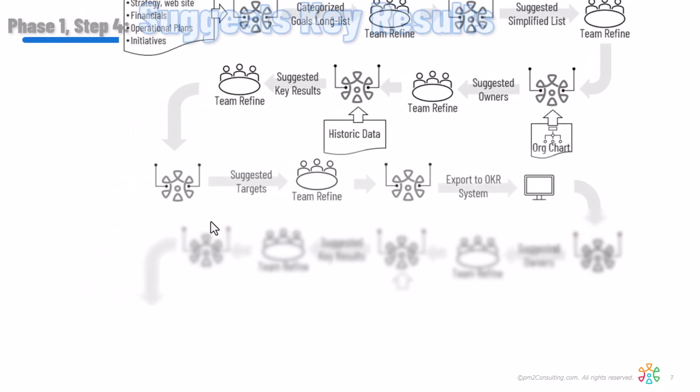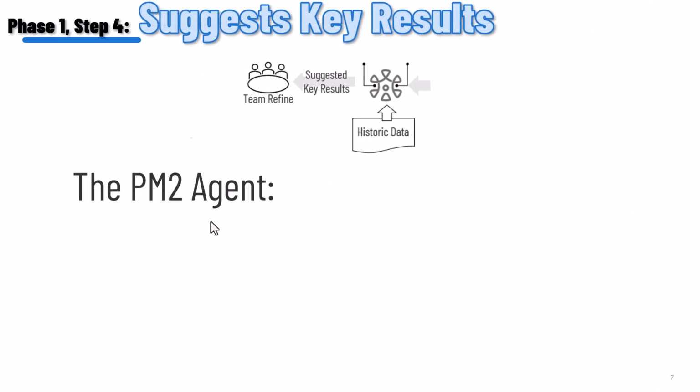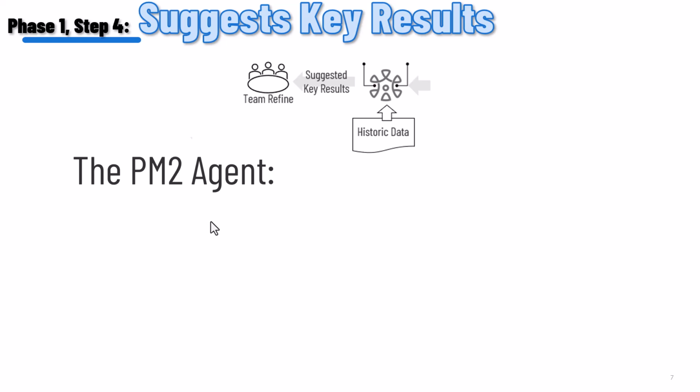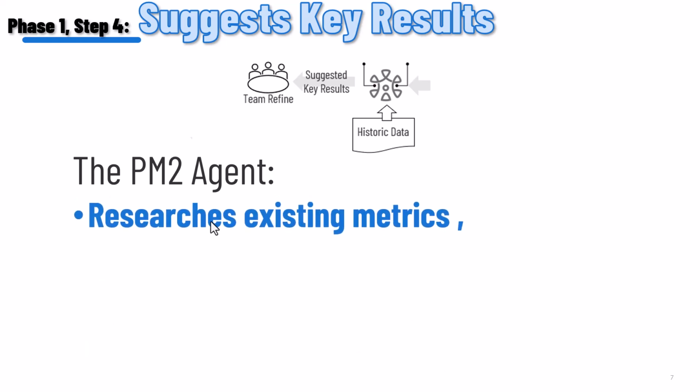So let's take a look at one more step as an example. In phase 1, step 4, it's going to take a look at your historic data, what information you actually report, and it's going to research those. What are the existing metrics, things that we know already exist? Now, those might be measures that you already look at in your monthly reports, in your board reports, and so on, but also any other spreadsheet that you feed to it. So departmental spreadsheets, team spreadsheets, whatever your knowledge base is, it's going to see what you've got out there.